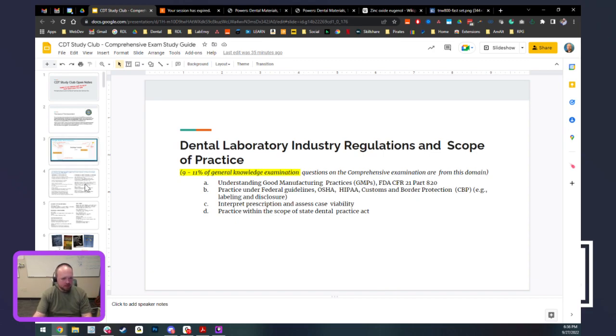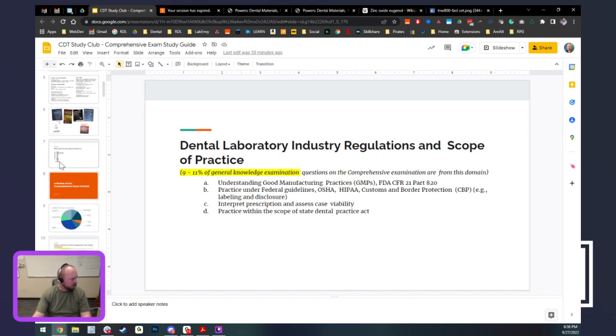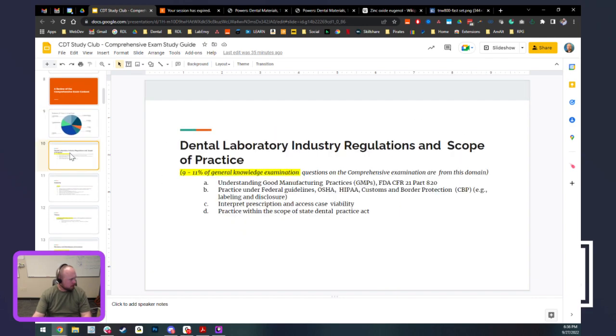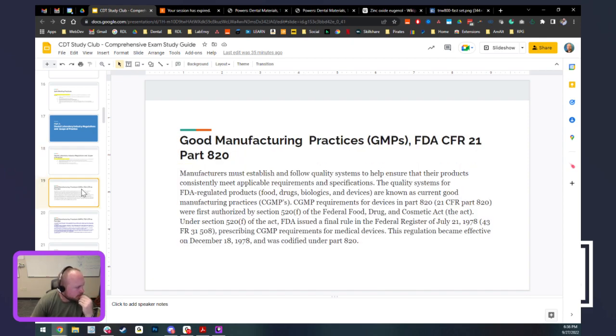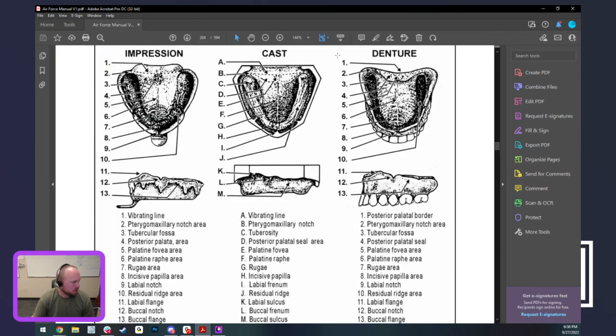I'm going to go after that one section now. I'm going to see what I can figure out. So, dental laboratory industry regulations and scope of practice. All right, let's get into this. Dental laboratory industry regulations, scope of practice. Understanding good manufacturing processes. So let's see what we can pull up on our document here.